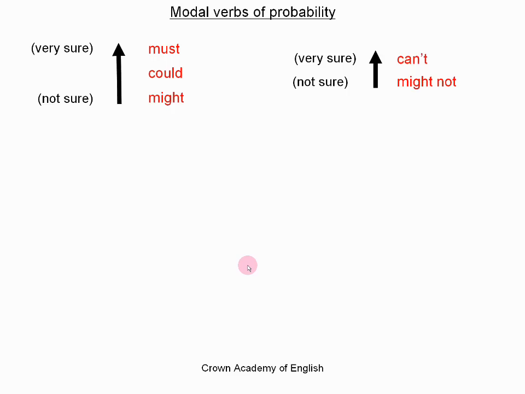Okay, so let's just look at the form or structure. So here is our example again. Sarah could be a doctor or a nurse.